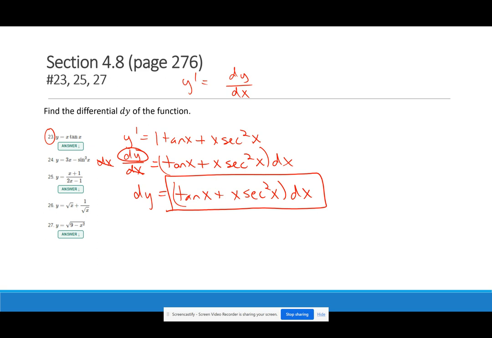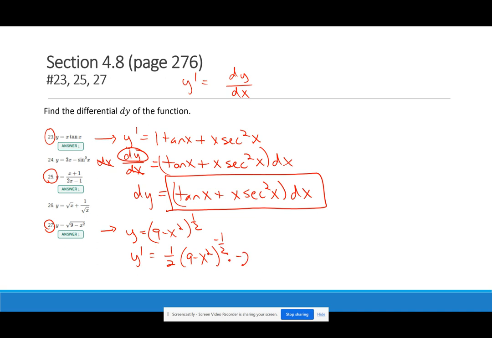And then it's just which problem you get, you have to make sure you know your derivative rules. Like you'd have to be able to do the quotient rule there, and here you'd have to be able to do the chain rule. So like for 27, you would rewrite first. So that's to the 1/2 power. Then you could come in and do the derivative like normal. 1/2, 9 minus x squared to the negative 1/2.